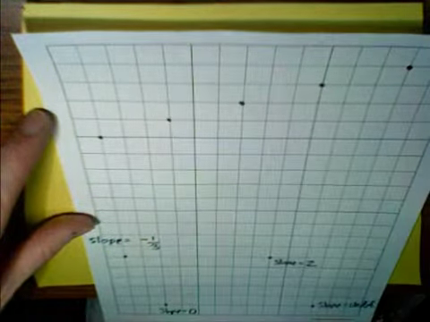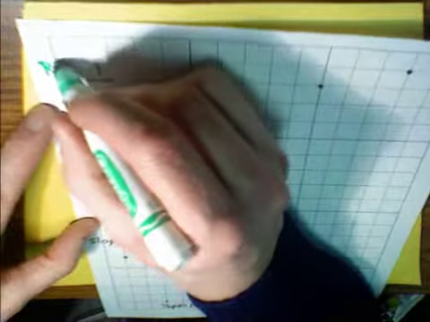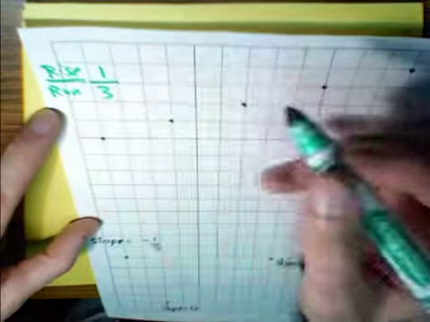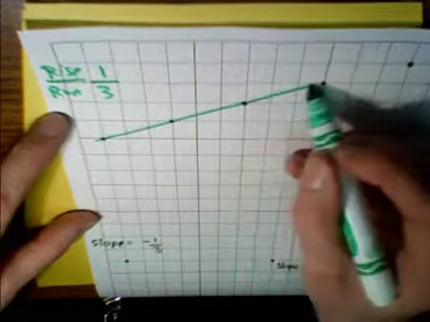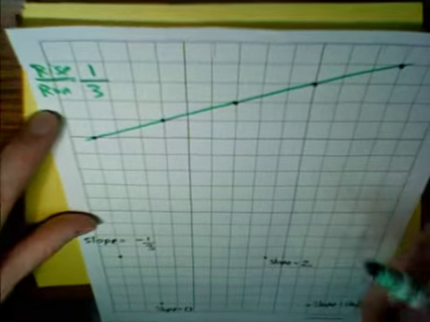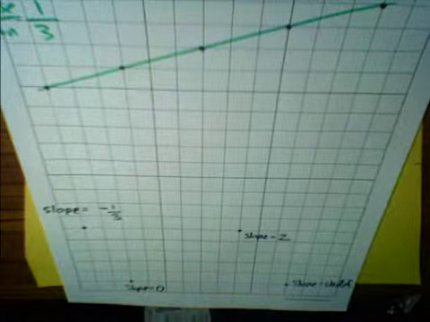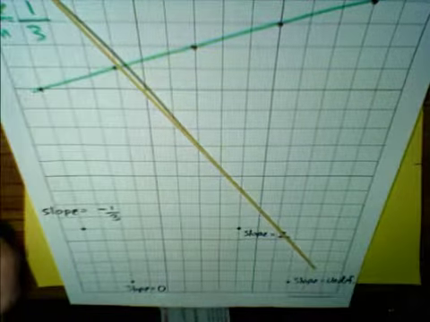So my slope in this case is I'm rising 1 and I'm running 3. So my slope of this line is 1/3. Let's try another example. Again, I'm just going to place my spaghetti down and see if we can draw some conclusions.